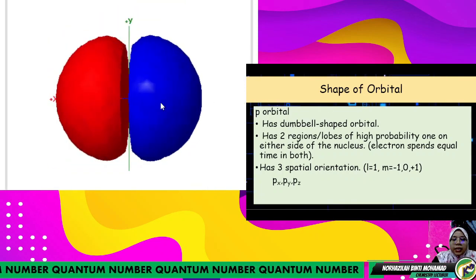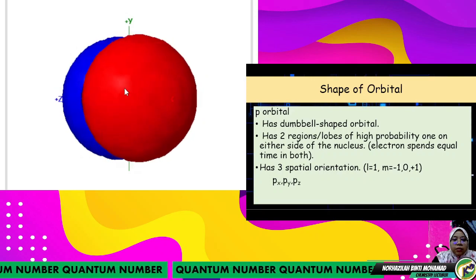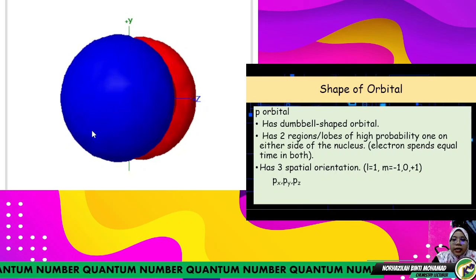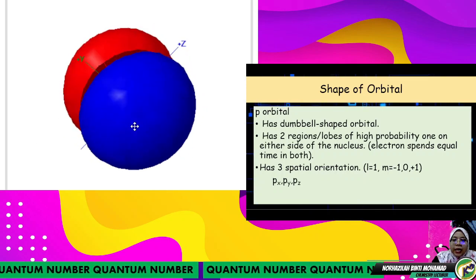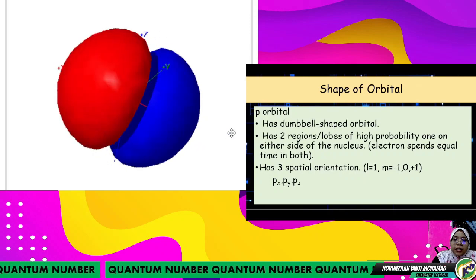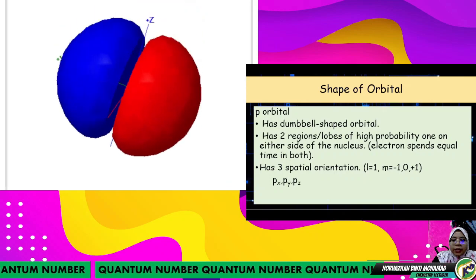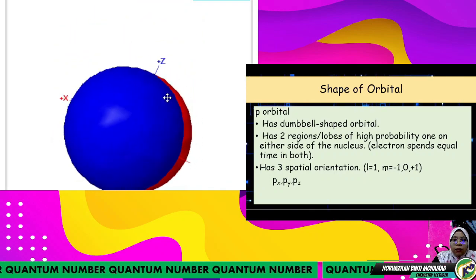What you see here is the orbital of px. If you can see clearly, the lobes lie on the x axis. For py orbital, the lobes lie on the y axis.